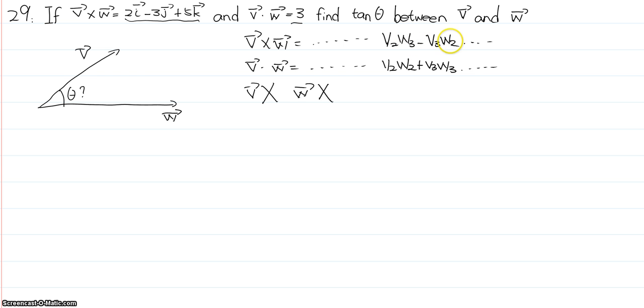First of all, what is the cross product of v and w? Well, you may say it's the area of a parallelogram, which I can draw here.